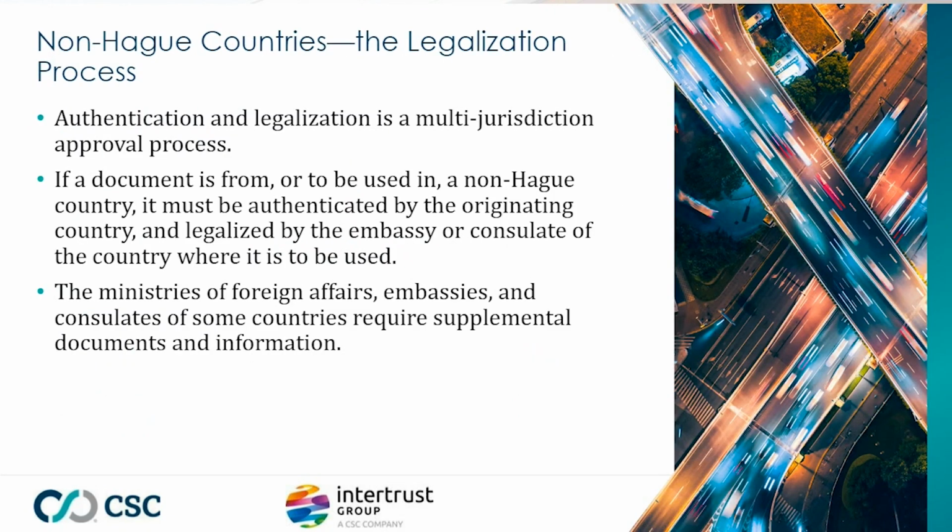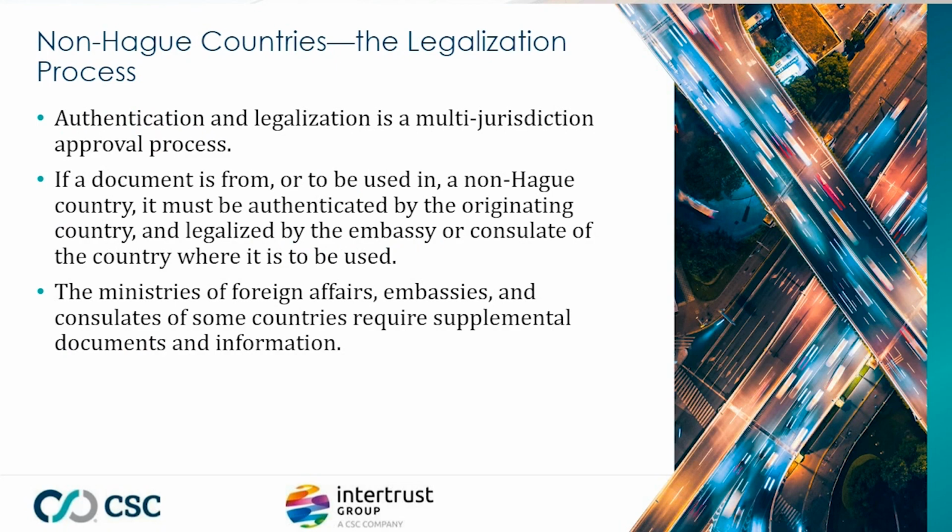We've spoken about the apostille process, those countries, the Hague Convention. Let's now talk about the non-Hague countries, that legalization process that we have to go through here. So authentication and legalization is a multi-jurisdictional approval process.